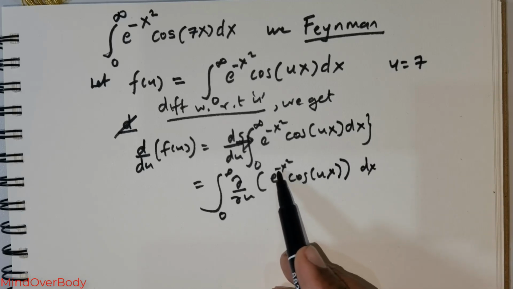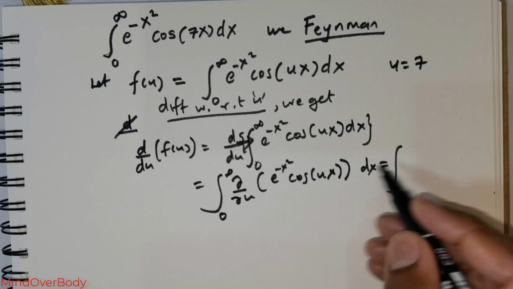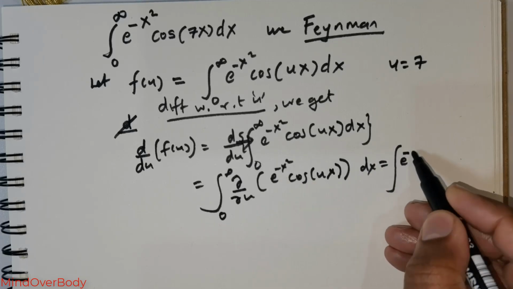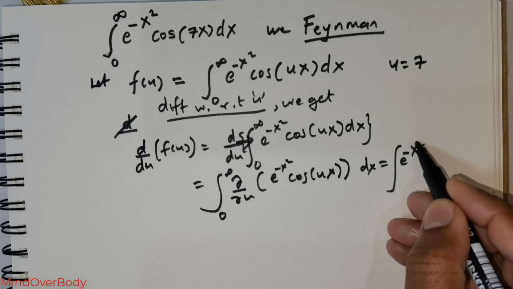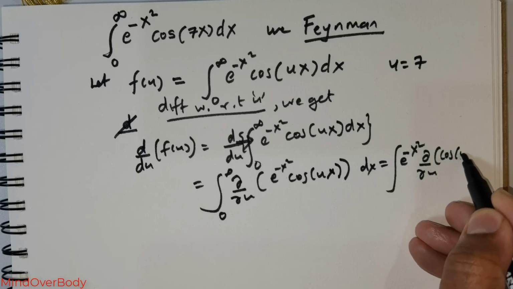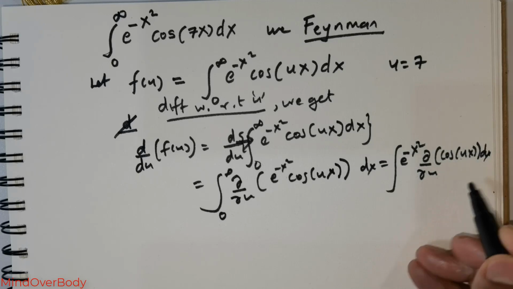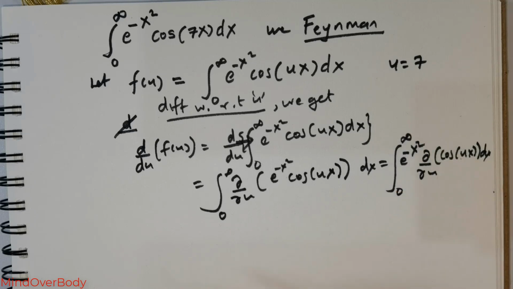Now e raised to the power of negative x squared is a constant, so I can literally take that out of the partial derivative. So let me write that down. e raised to the power of negative x squared times dou over dou u of cos of u times x times the dx. The limits are 0 to infinity.